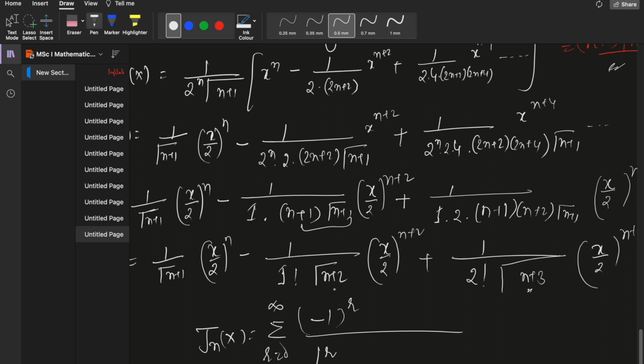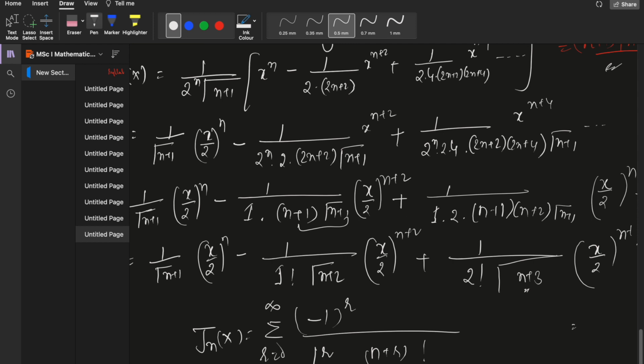Now we have n plus 1, n plus 2, n plus 3, so I can write it as gamma n plus r plus 1, since gamma n plus 1 equals factorial n. Good, because this is going to be the n plus 1 term, so I can write it like this.